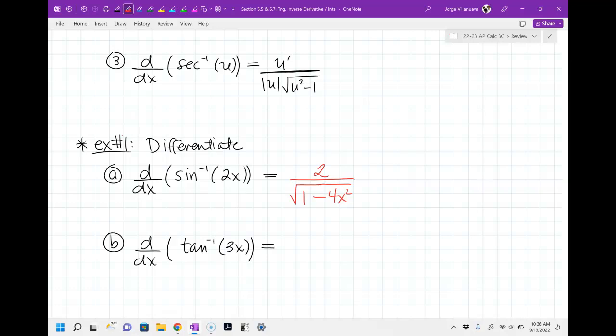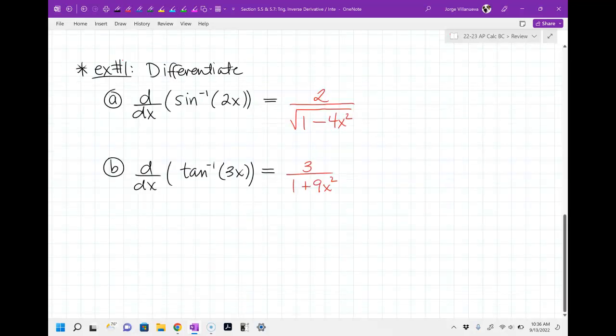So the top will be a 3, then 1 plus u squared would be 9x squared. Again, if they're having you integrate, when you see 1 plus something squared, you should say that's a tangent inverse definition. So when you integrate, you should get tangent inverse. But again, I'll show you a definition for that.